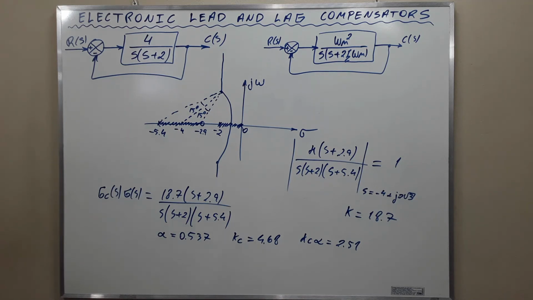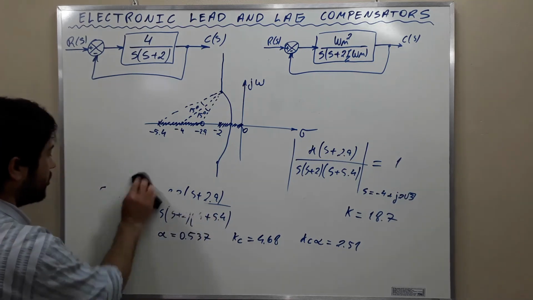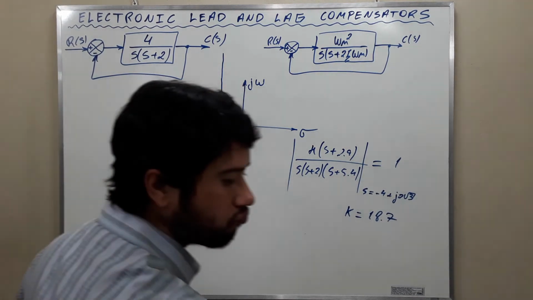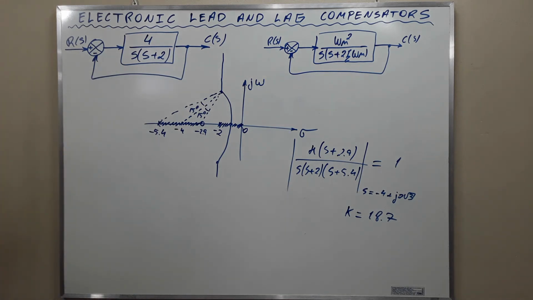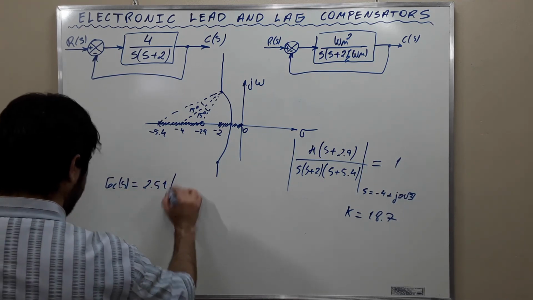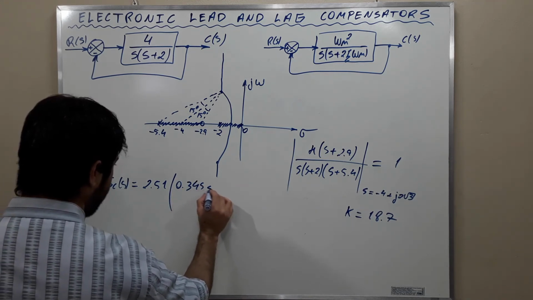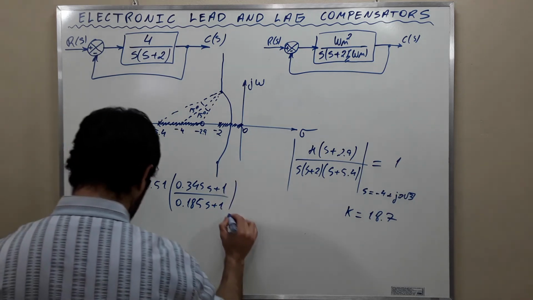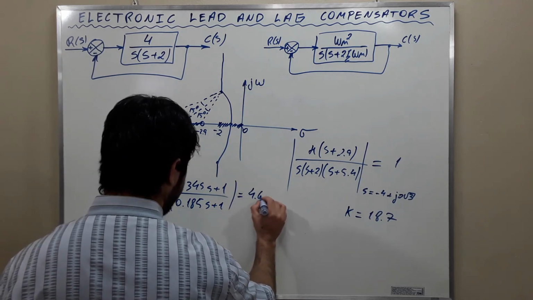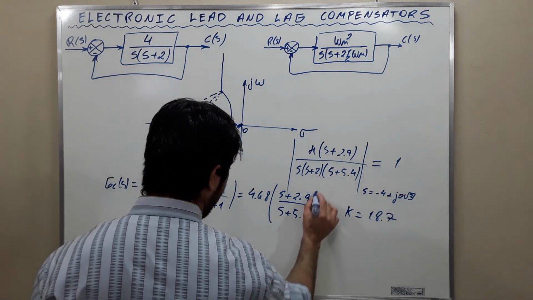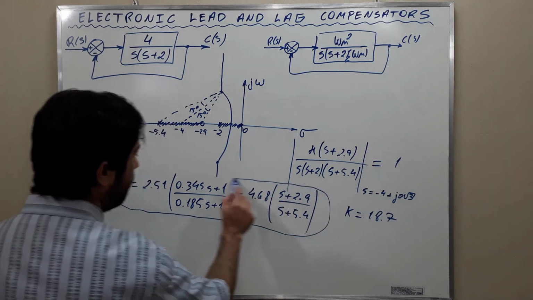Now, the transfer function of the lead compensator, the electronic circuit that's going to force the root-locus plot to pass at the desired location, Gc(s) is going to be 2.51 (0.345 s + 1) divided by (0.185 s + 1), which is also written as 4.68 (s + 2.9) over (s + 5.4).